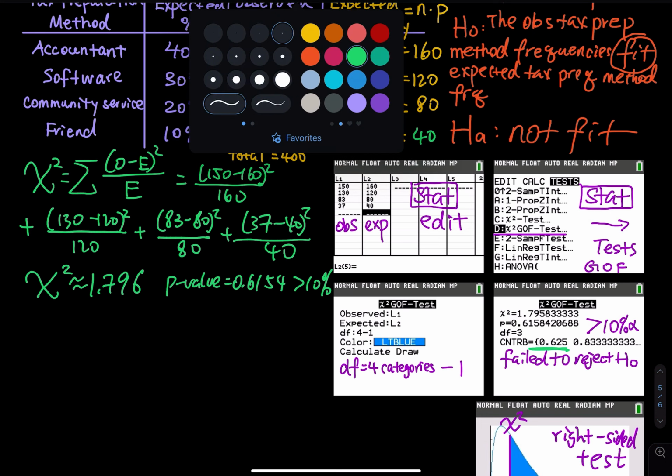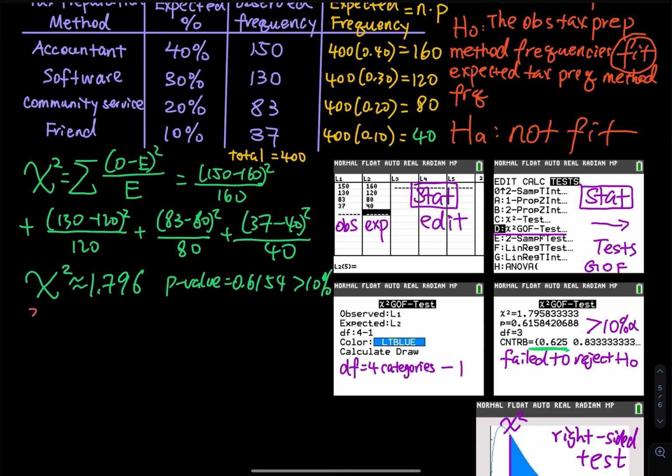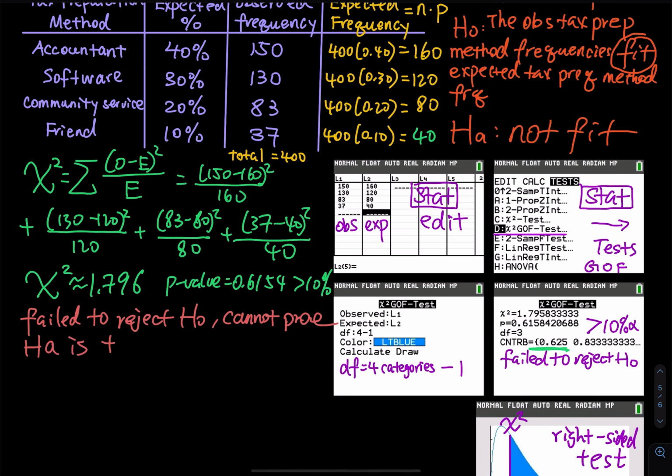So let's write this down. Since p-value is greater than alpha, we fail to reject H0, so we cannot prove HA is true.